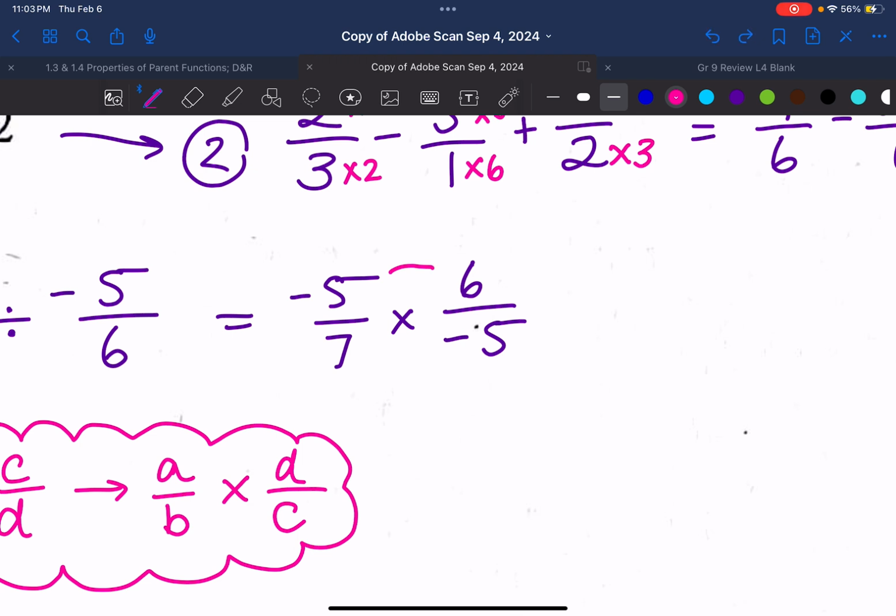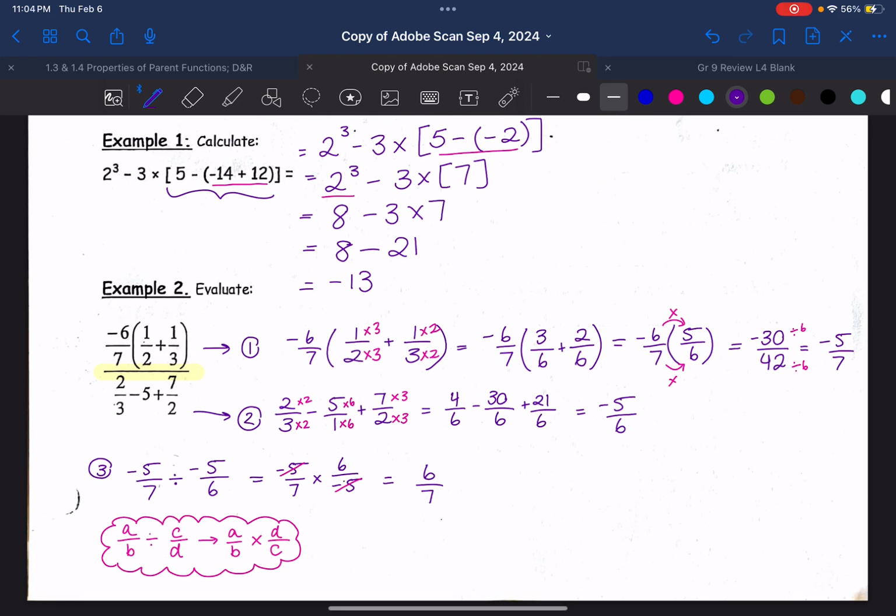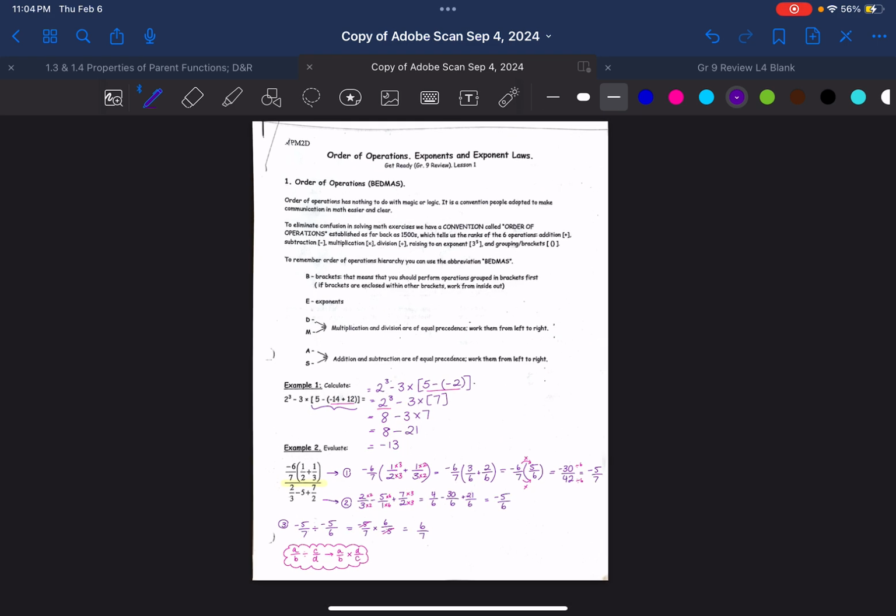But I also see from our little hack that we know from step 1 that if I've got the same number in the numerator and a denominator, I can cancel out. So because they're both negative 5, they're gone. So overall, we're just going to be left with 6 over 7. And we are done. And again, if you would have multiplied normally, you still would have simplified to 6 over 7. So that is your final answer.